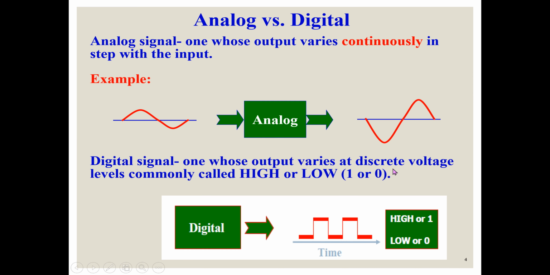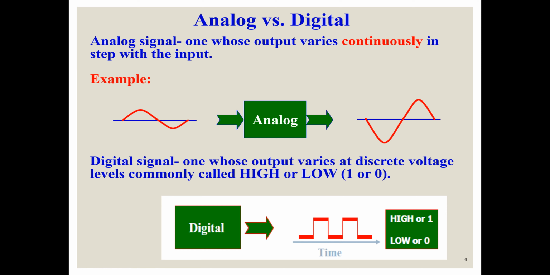The next is the digital signal. This is the digital signal which you have given here. The digital signal is one whose output varies at discrete voltages. Discrete voltage means it is not like analog. In analog you can see there are different types of voltages in this slot. But with the digital signal, it will be either at the high state or at the low state.